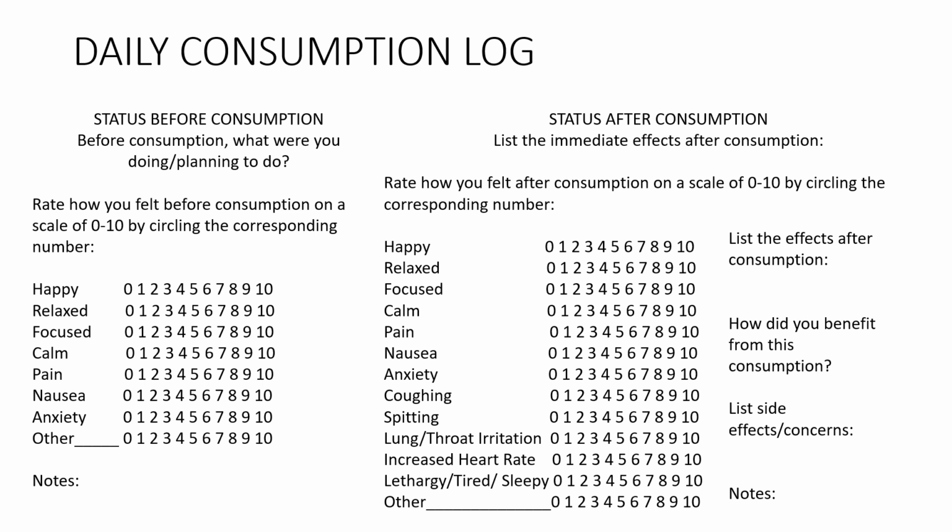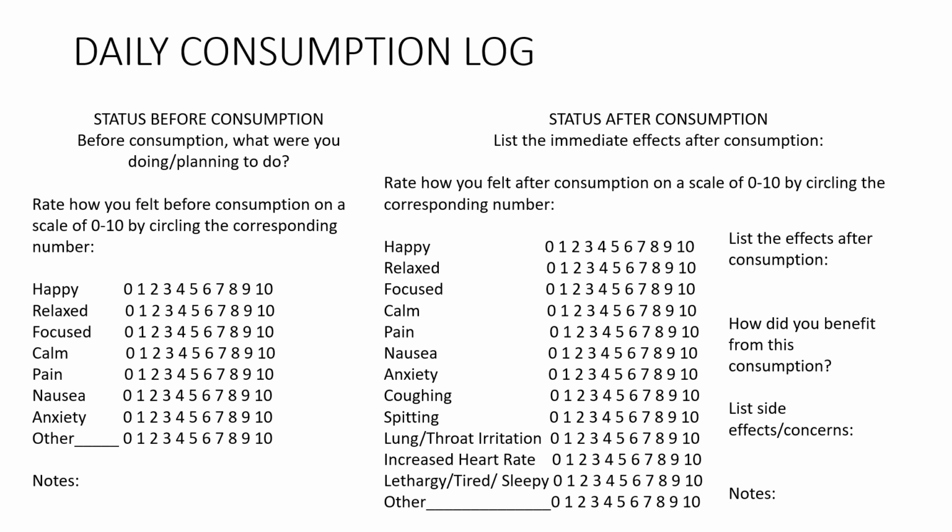Also, on the daily consumption log, you would record the status before consumption. You would rate how you felt. You would write what you were doing and planning to do before consumption, and then you would rate how you felt before consumption on a scale of 0 to 10 on the different dimensions: happy, relaxed, focused, and so forth.